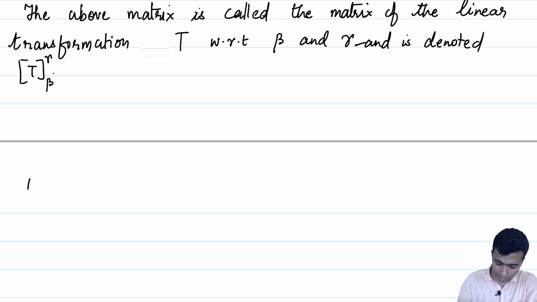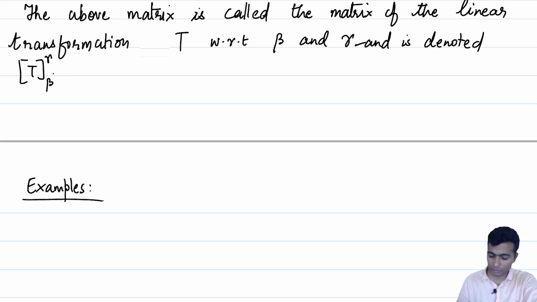So let's look at a couple of examples. It will be a good exercise to go back to our various examples of linear transformations. Pick your favorite basis on the left and a favorite basis on the right, or in other words, a favorite coordinate basis of your domain and a favorite coordinate basis of your range, or rather the target vector space, and compute the matrix of the linear transformation with respect to the various bases you pick.